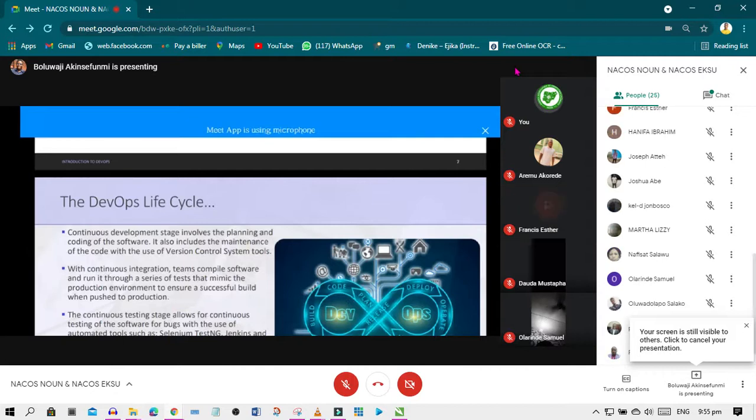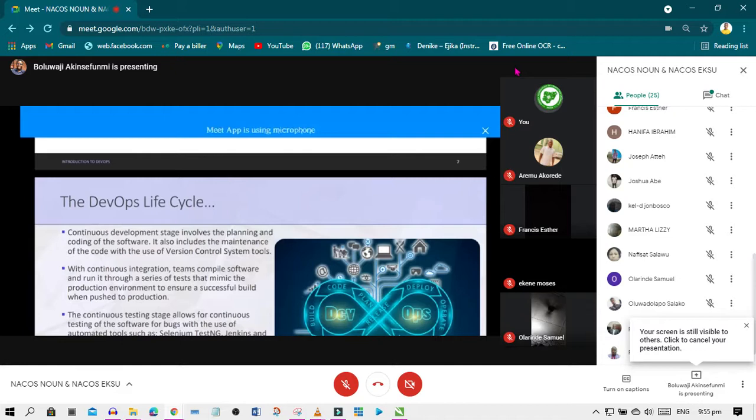The problems in the traditional deployment lifecycle are practically solved here, because they make sure that what you are pushing to production is a version that has been thoroughly tested and has passed through both the testers at the development cycle and some series of tests at the operations team end before this release is pushed into production for the end user to use.